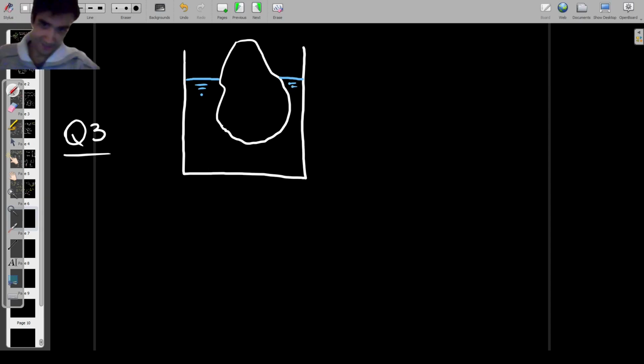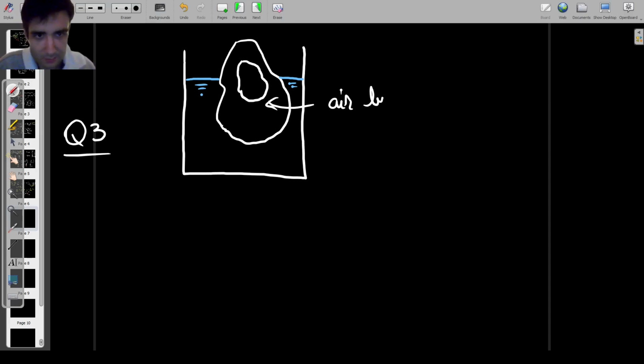We've got an ice chunk sitting inside the glass, and the glass is filled with water up to a certain level. Now, what happens? The question is, what happens to the water level after the ice melts? But there's a twist. The twist is, within the ice chunk, there's an air bubble. So this here is an air bubble. Okay, so what happens to the water level after the ice melts?